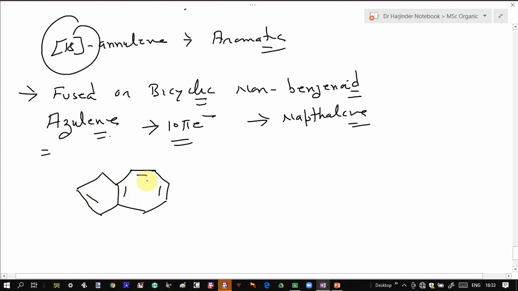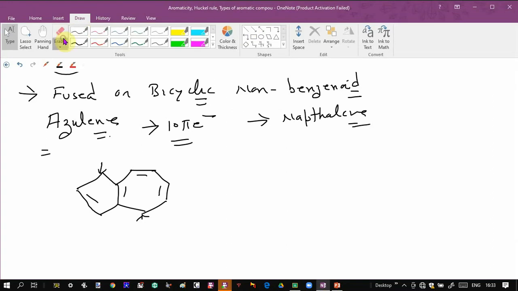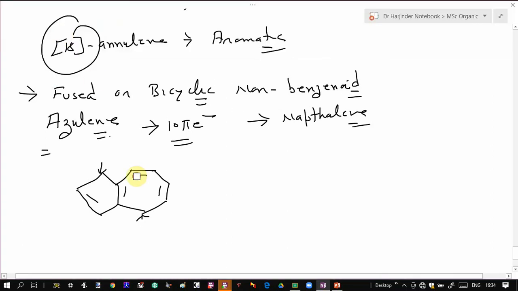This is not a correct structure because you have two positions left over there, so I have to change the positions of these double bonds to acquire a conjugated type of structure.